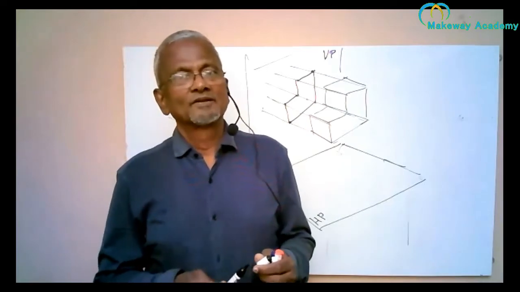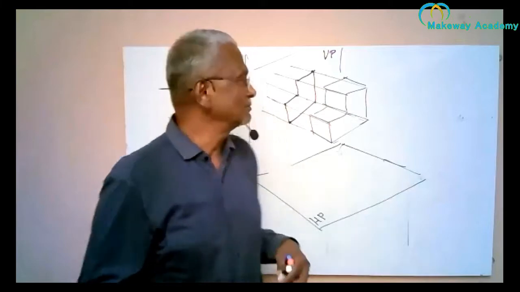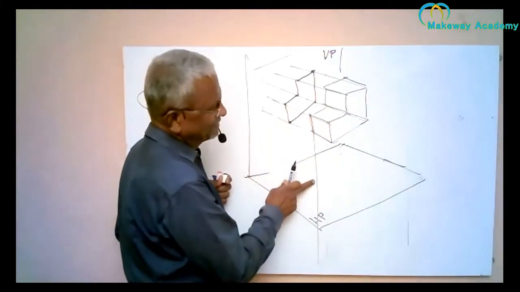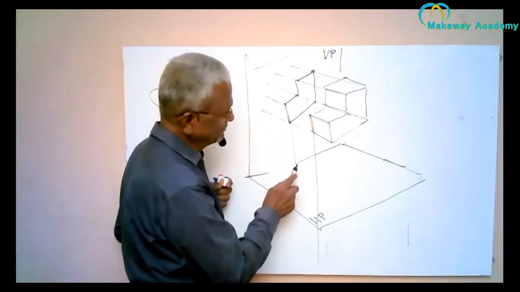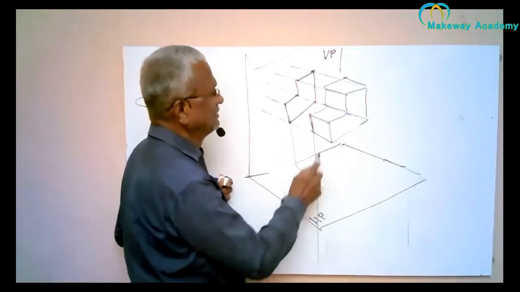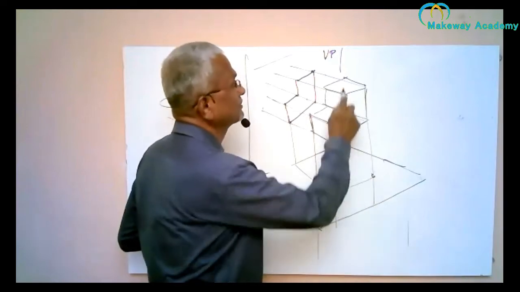Now what I do? I project the object in the same way onto the horizontal plane. Now how do I get the point now? I'll have to project from the front view. So this is the point. Likewise, this is the point. This is the point.